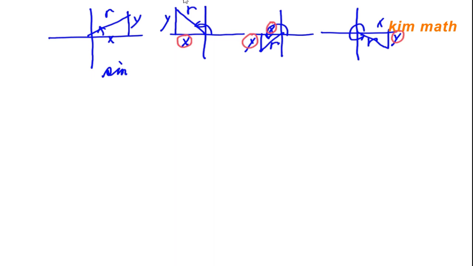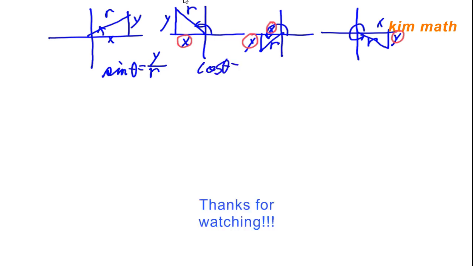If your angle is theta, then y over r. What is the cosine theta? x over r. What is the tangent theta? y over x. Okay, this is the extended definition of sine, cosine, and tangent.